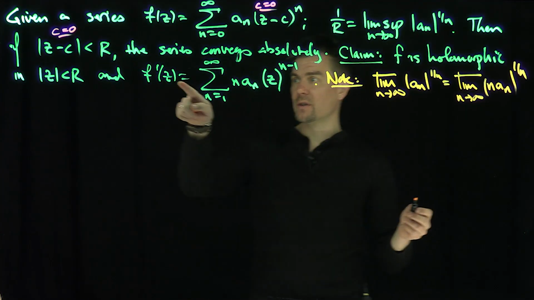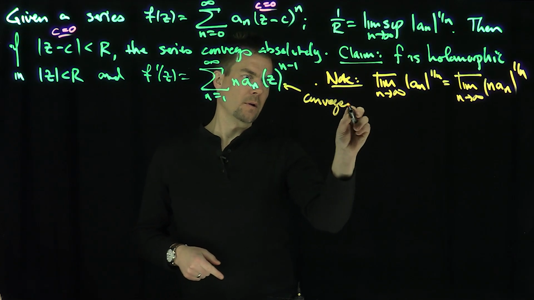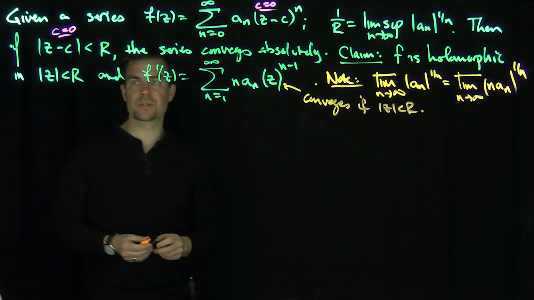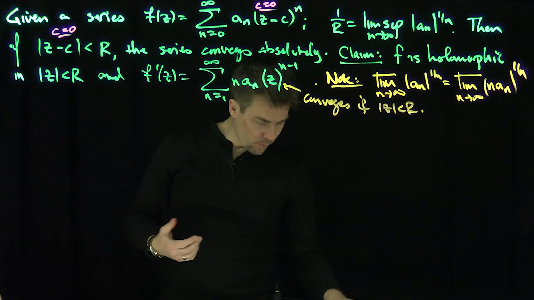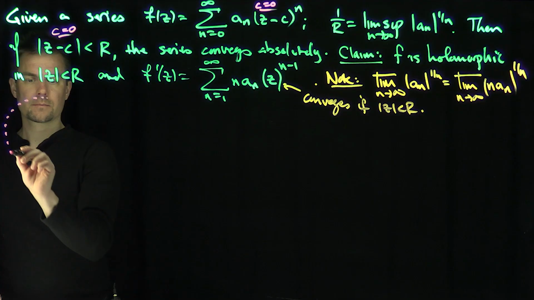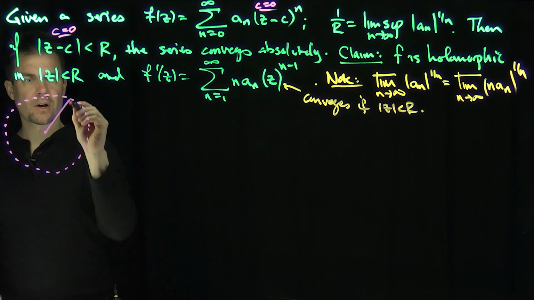So the radius of convergence of this series over here converges if modulus of z is less than r. So the same radius of convergence is valid, okay? So we're going to use the same argument as before, so we're going to think of the standard configuration. So here's z equals r. Here's our circle of radius r.